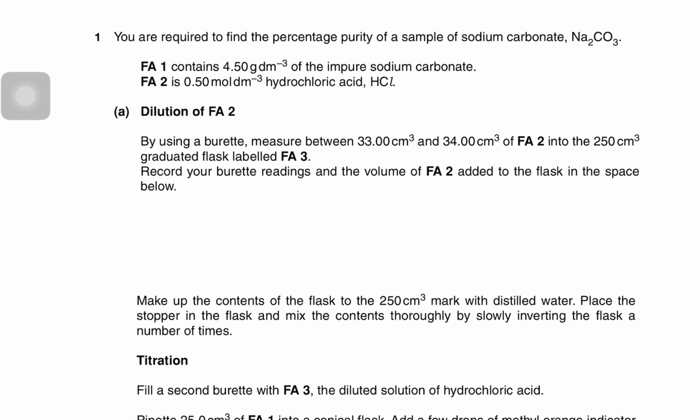It says you are required to find the percentage purity of a sample of sodium carbonate. Fa1 contains 4.50 gram per decimeter cube of the impure sodium carbonate. Fa2 is a 0.50 mole per decimeter cube hydrochloric acid. So you can see it is probably an acid-base titration.